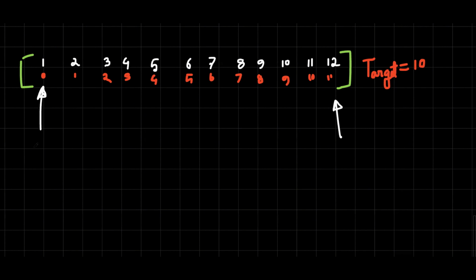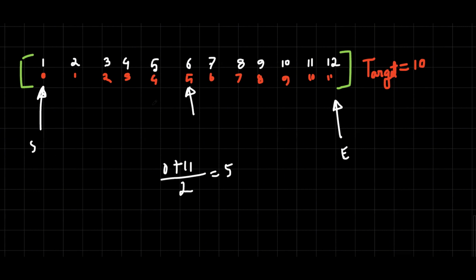The first pointer is the start pointer, and the last pointer is the end pointer. Now here, we have to check the mid value of both of the pointers. Here, the mid value will be (0 plus 11) divided by 2, which is 5. That means this is the mid value.